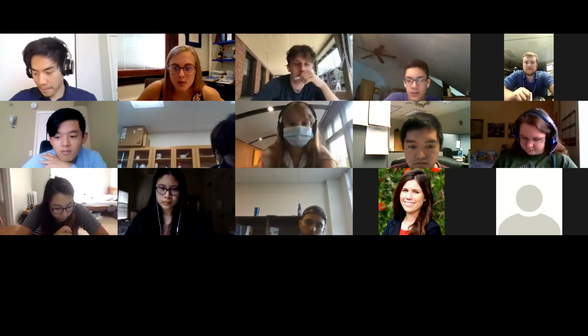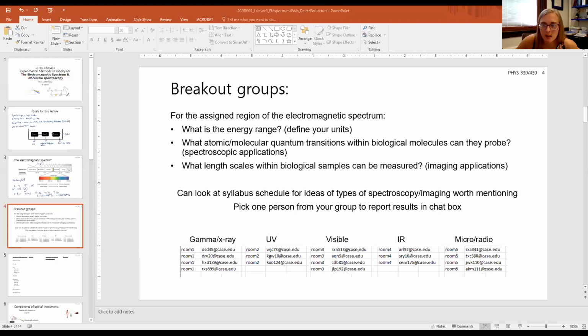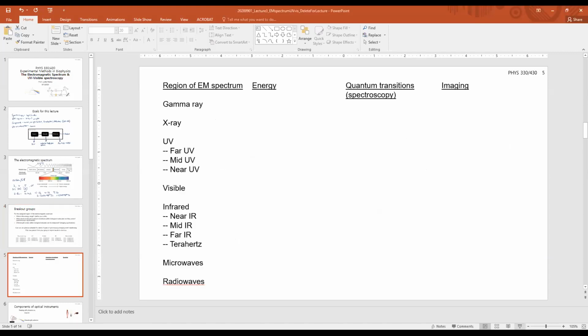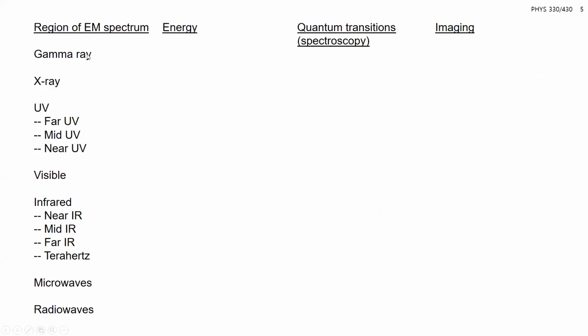Whoever was the person for the chat, let's start with group 1 with the gamma rays. If you want to chat, or if you want to unmute yourself, that will work as well. What energy range did you guys define for the gamma rays? What units?